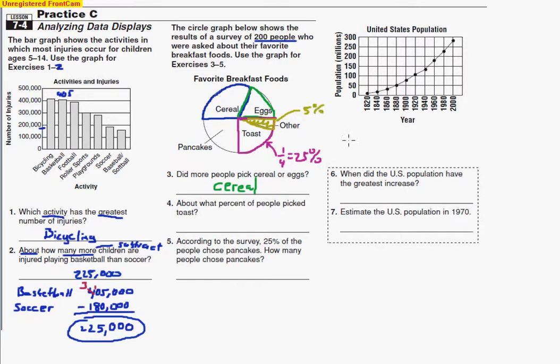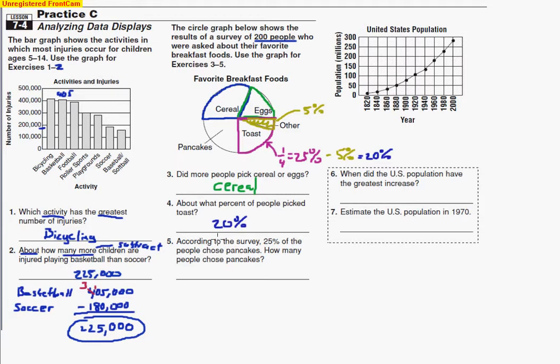So all I'm going to do is take away 5% from 25%, and it gives me my answer of about 20%. And that's what I would put down as my answer. So it's just an approximation. I knew that together the other and toast was 25%, and then I had to approximate what the other was, and I approximated that to be about 5%.